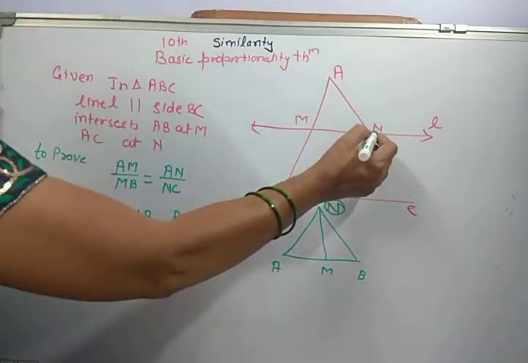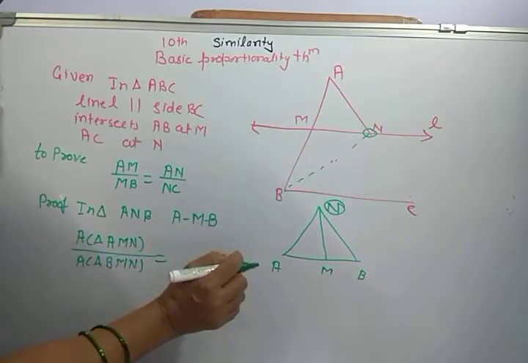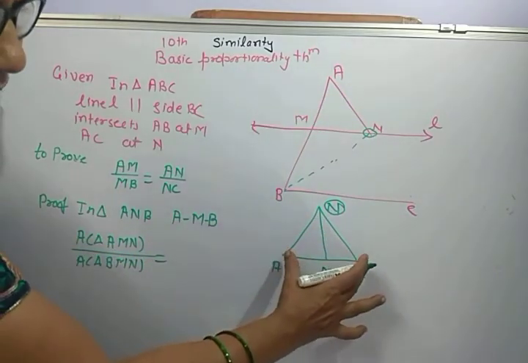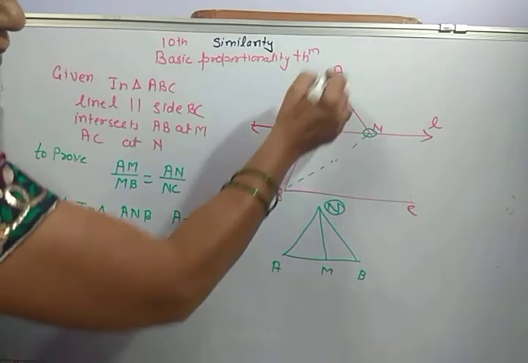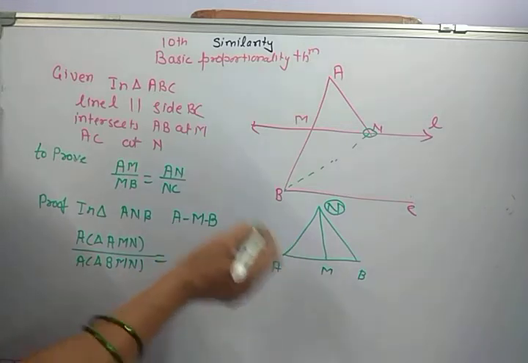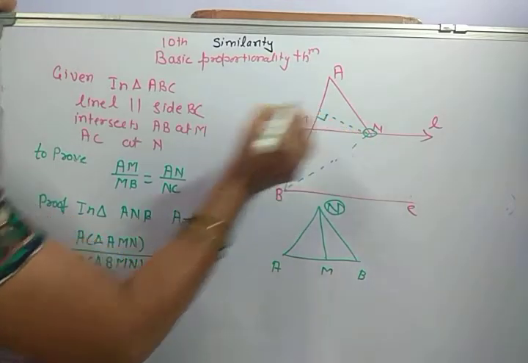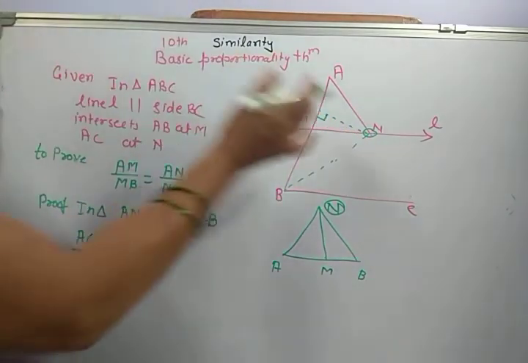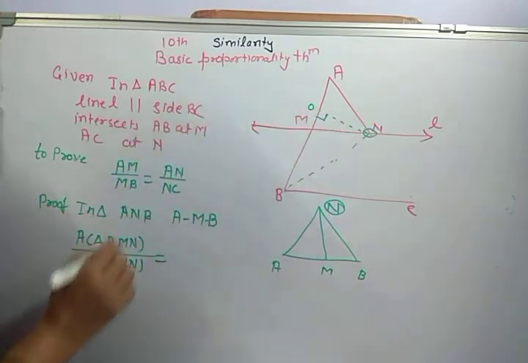Here MN can be looked at as the common base, but we are not given different heights. It is not said that MN is perpendicular to AB. So the height is somewhat different. Suppose there is a height like this, and because of that this height is the same.